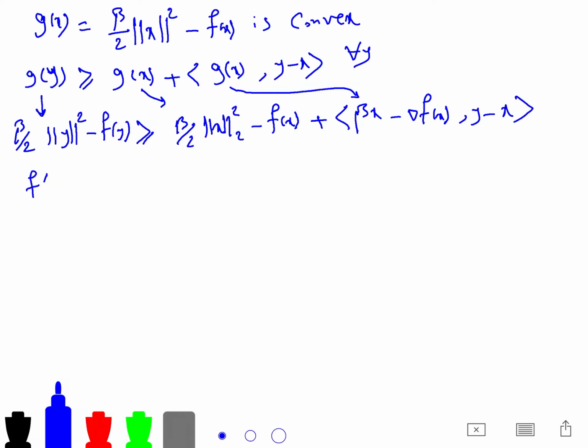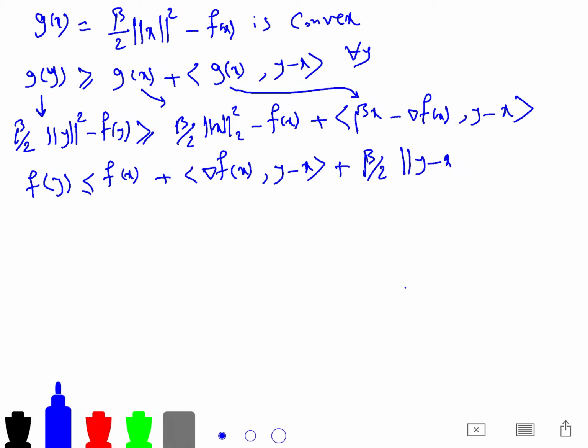So if you just simplify this, you can write that f of y is less than or equal to f of x plus gradient of f of x times y minus x plus beta over 2 norm y minus x squared.